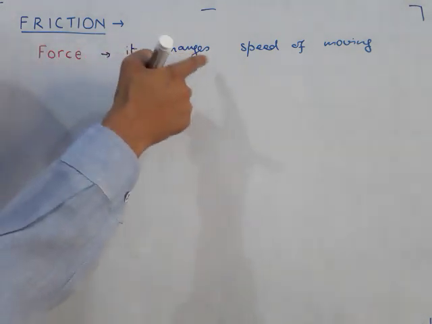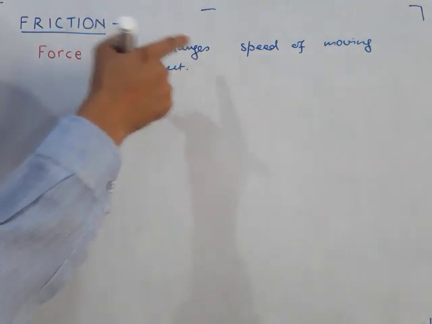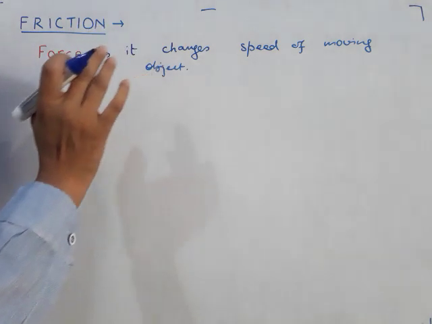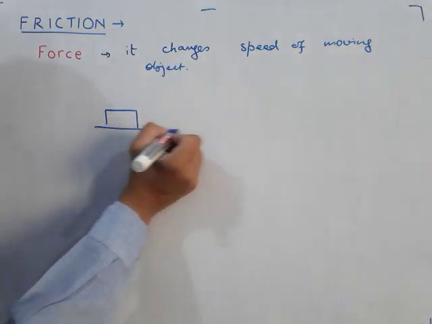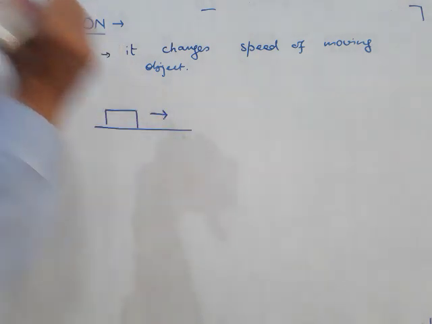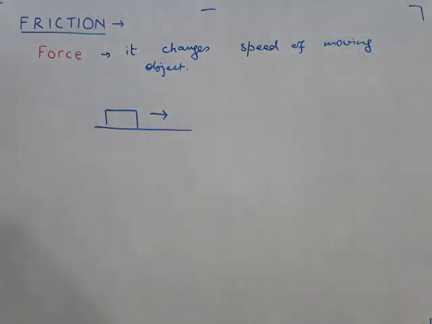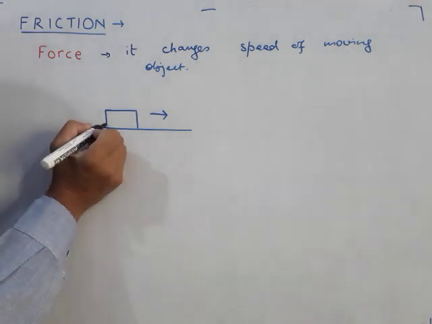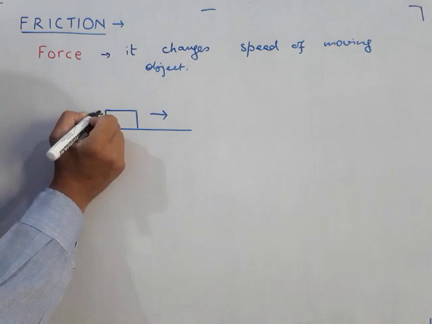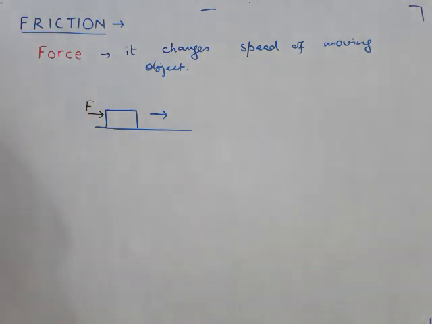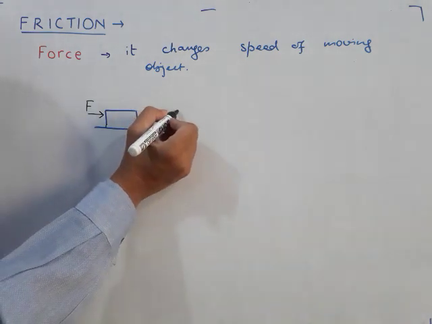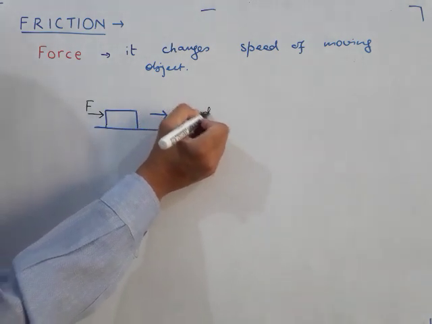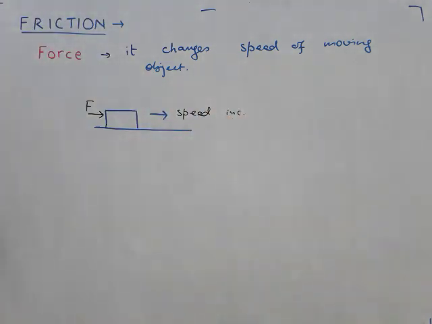If a force acts on a moving object, it will change its speed if it is moving in a straight path. So suppose there is an object which is moving in a straight path like this, and if there is a force acting on this object in this particular direction, force I will represent as F. Force is acting towards right, so in the right direction its speed increases.